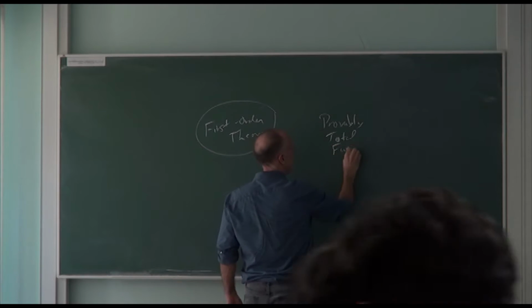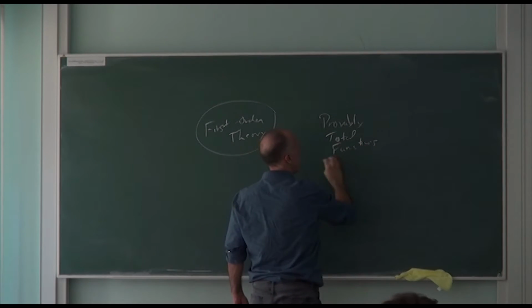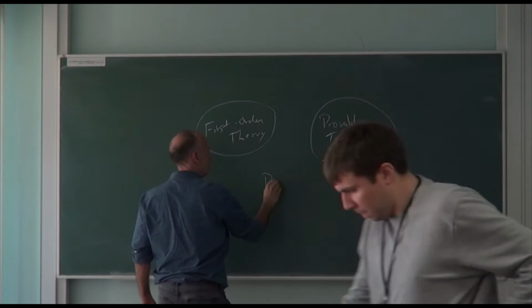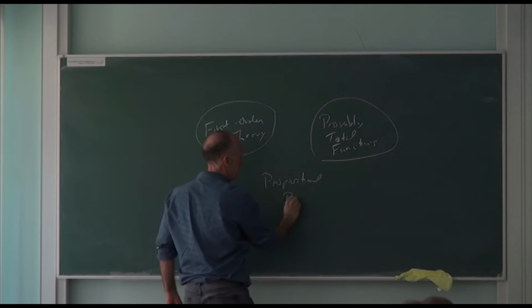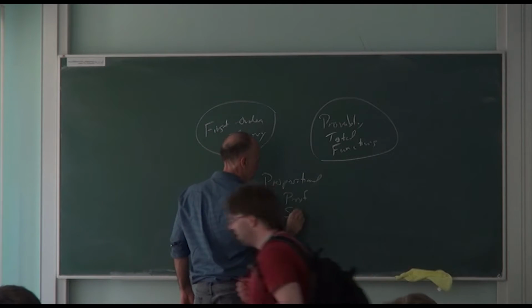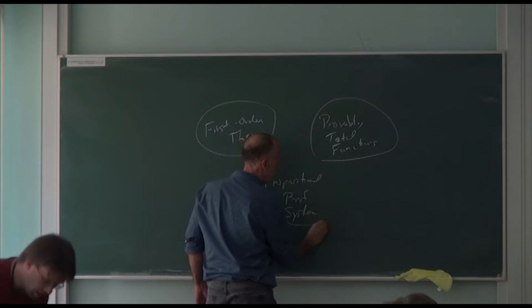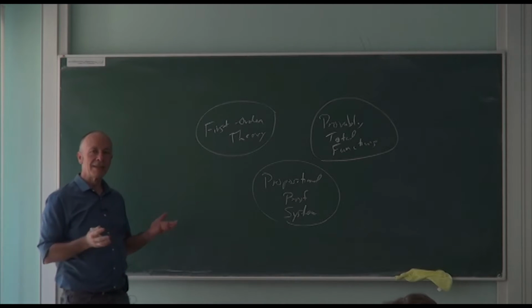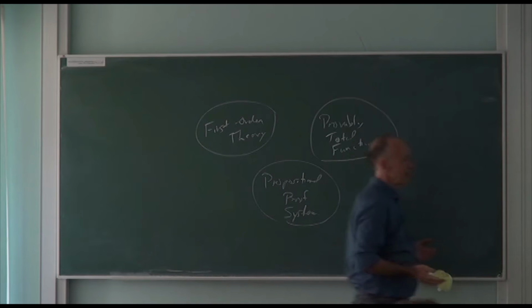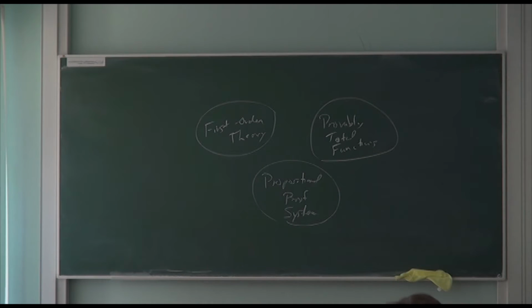This is the computational complexity side of things. And then we've got a propositional proof system. These things form a tripod of 3 different ideas that are all coming together. They're different aspects of the same thing, in effect.